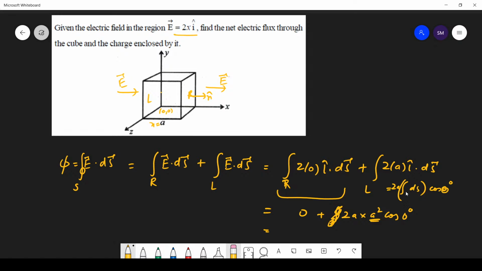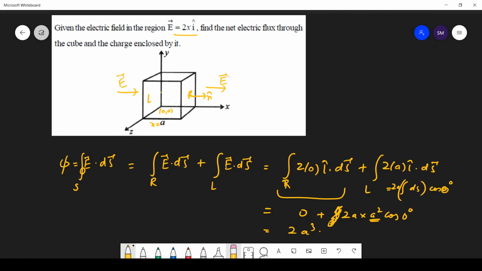The integration of ds is a square. So this comes out to be 2a cube. So 2a cube is the flux through the surface.